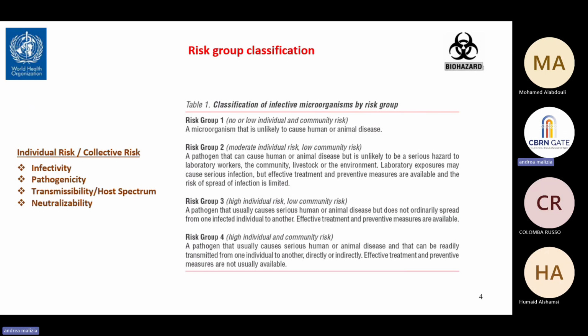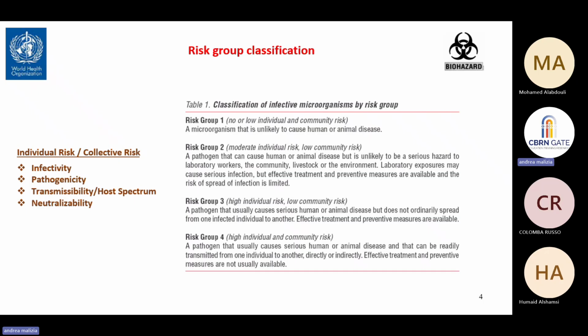For example, seasonal influenza is classified as group 2, but not avian influenza, that is classified as risk group 3. Risk group 3 is a high individual and low community risk.